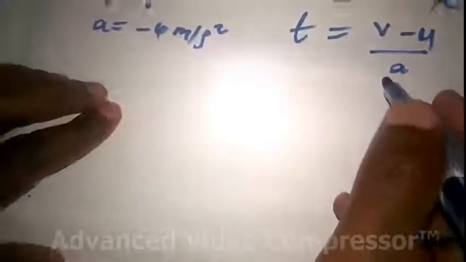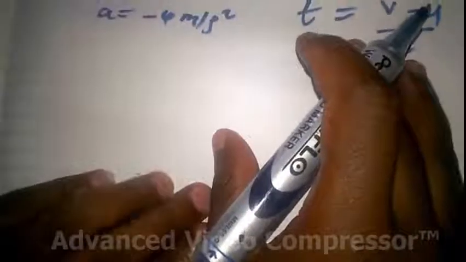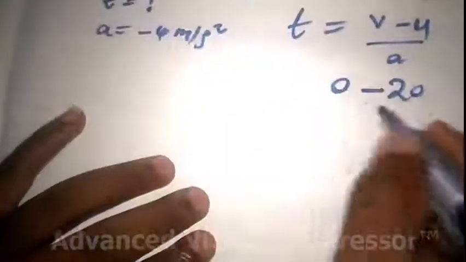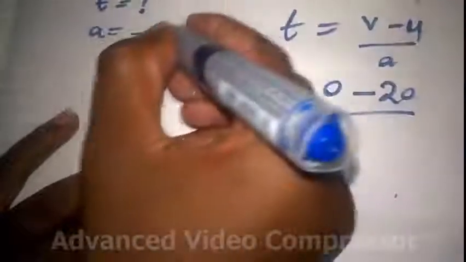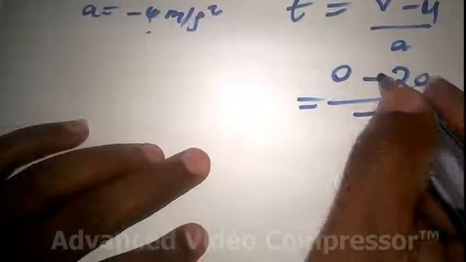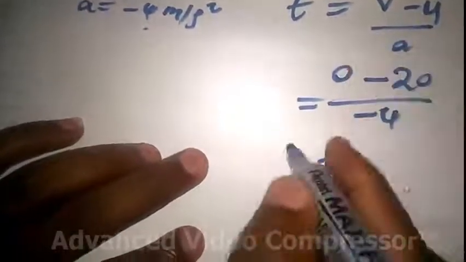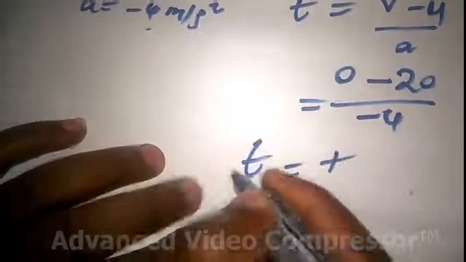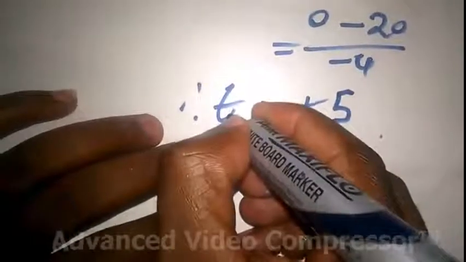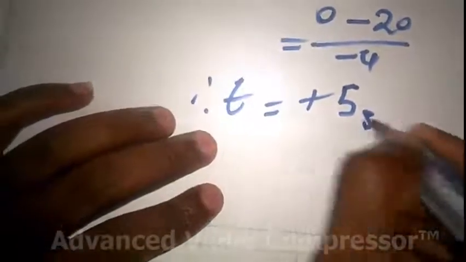Now we are substituting. This will be 0 minus 20, divided by our acceleration, minus 4. Negative times negative is positive, so we already know our time will be positive. Therefore 20 over 4 is 5, and time is measured in seconds. So this is our final answer.